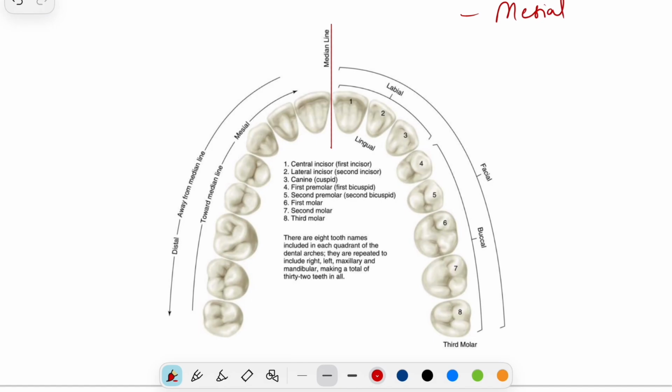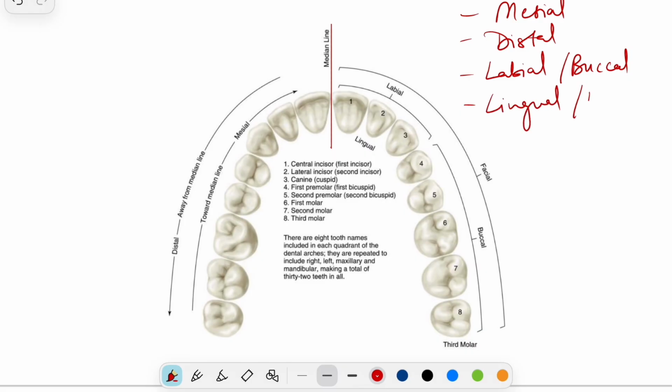We have mesial, distal, labial or buccal, lingual or palatal, and then we have our occlusal surface or the incisal surface.